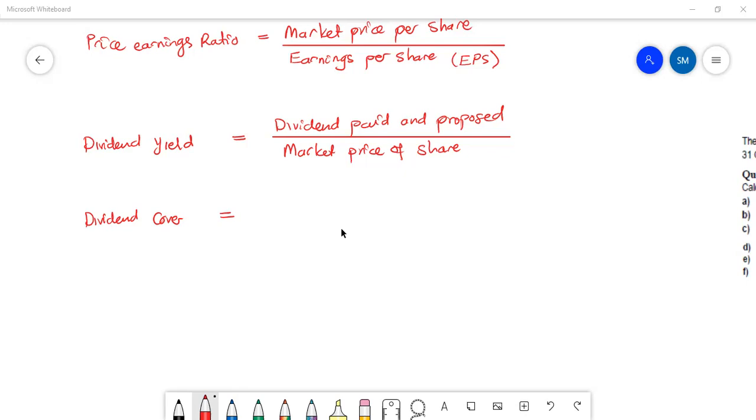So it's profit available to pay ordinary dividend, which is literally your net profit less preference share dividend. That's your profit available to pay ordinary dividend.